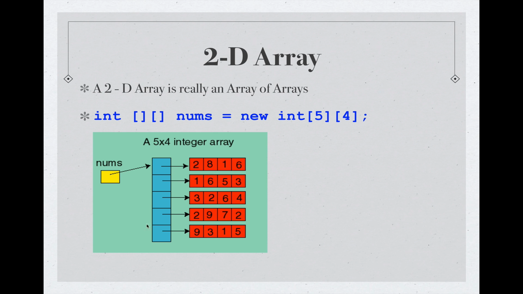So really this first row is just a reference to an array, and it's pointing at these other arrays. So you can remember it like that, or you can remember it as just a spreadsheet style two-dimensional array that has a certain number of rows and a certain number of columns.